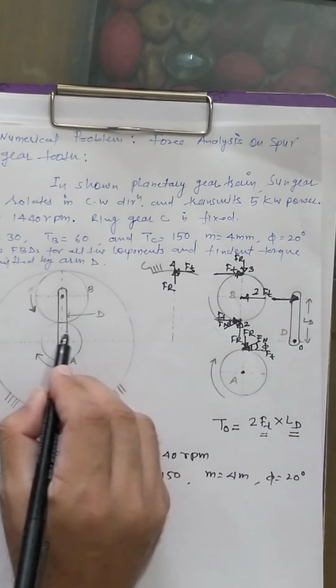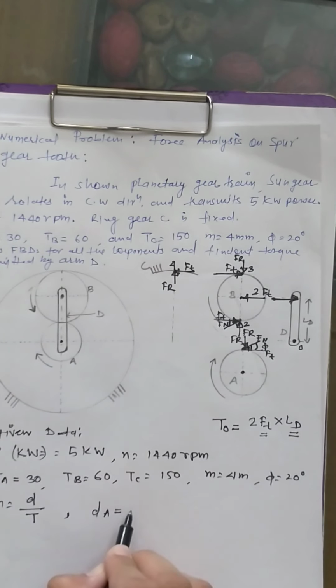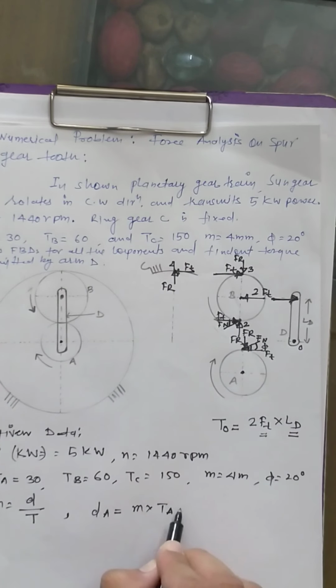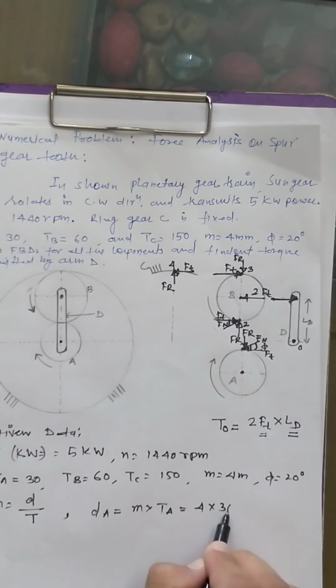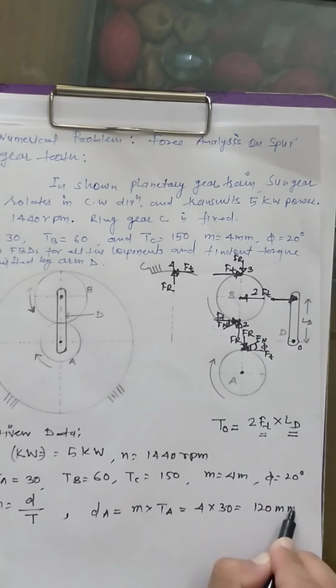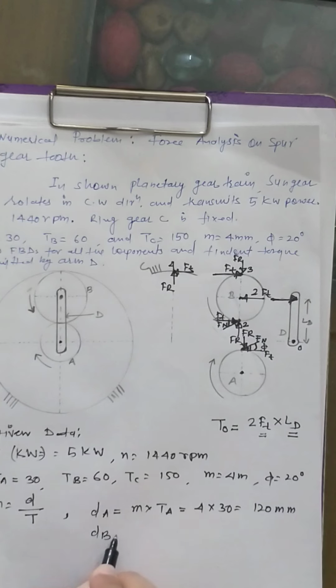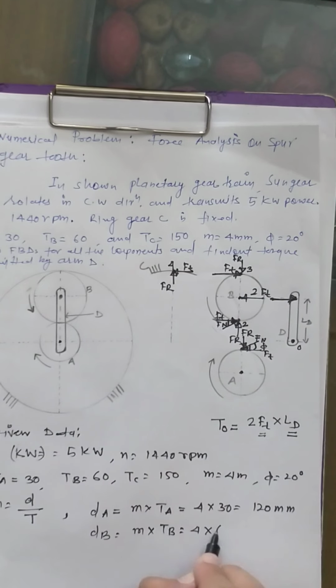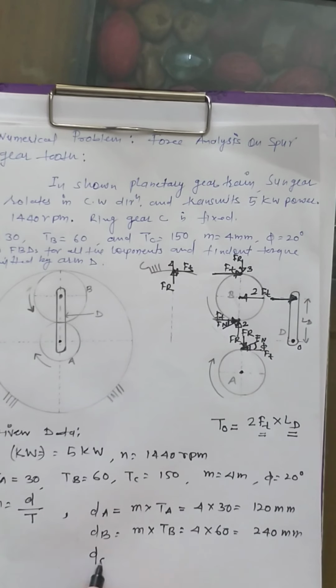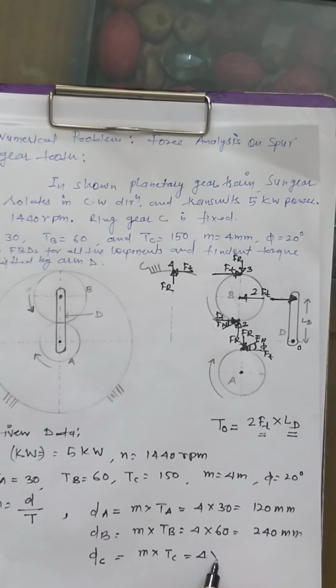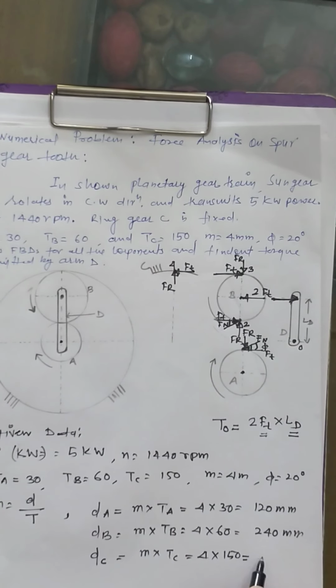So the diameter of gear A, DA, would be M multiplied by TA, which is 4 multiplied by 30, 120 mm, and diameter of gear B is M multiplied by TB, which is 4 multiplied by 60, 240 mm, and diameter of the fixed ring gear C is M times TC, 4 multiplied by 150, equal to 600 mm.